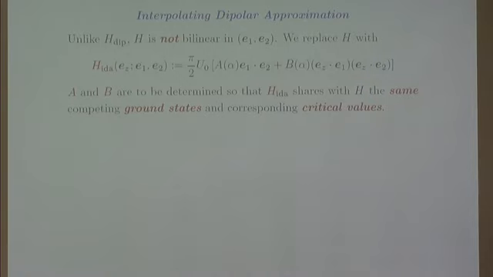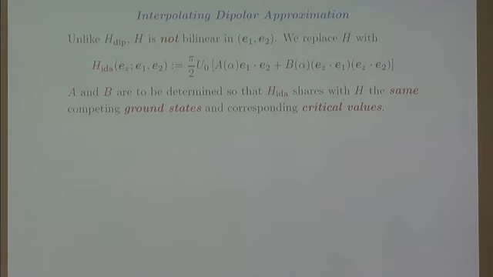And the idea is that we simply interpolate our analytically available Hamiltonian with a Hamiltonian which has this bilinear structure, which is precisely the same structure that applies in the limit as alpha equals 0. The statement is that we construct what we call this interpolating dipolar approximation to our energy in such a way that the critical values, namely the ground states of the original Hamiltonian, are preserved.